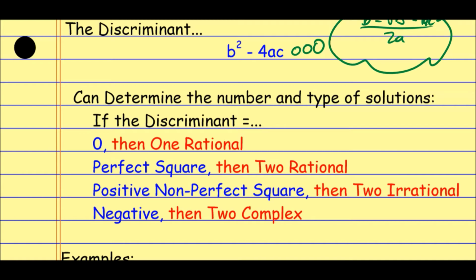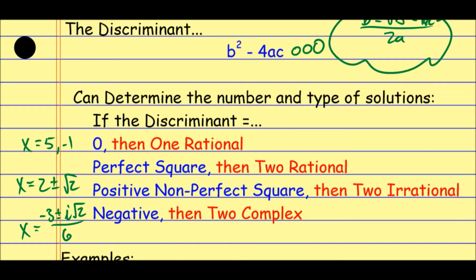If you get answers that look like this, x equals 5 and negative 1, well, that's 2 rational answers. If you get answers that look like this, plus or minus the square root of 2, well, that's 2 irrational answers. Or if you got answers that looked like this, well, that's 2 complex answers.